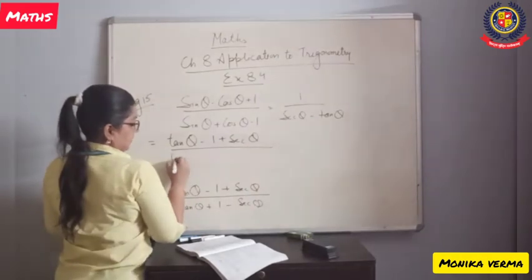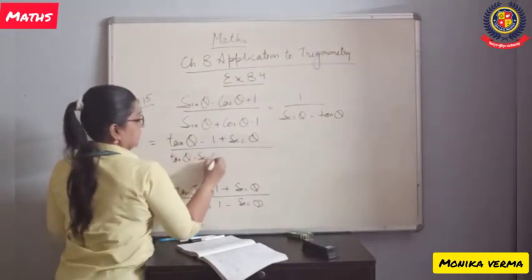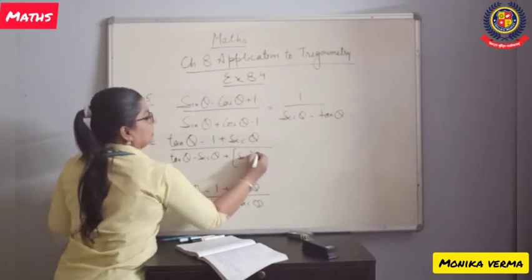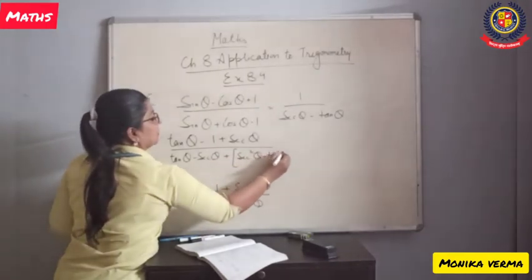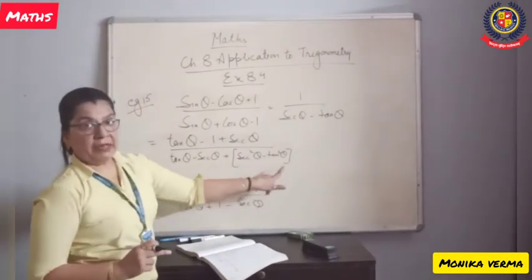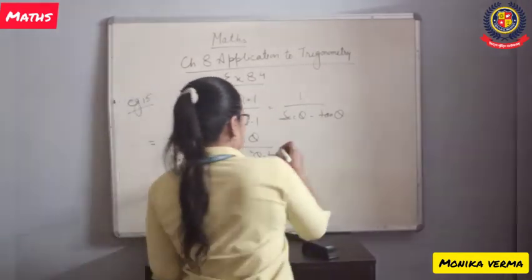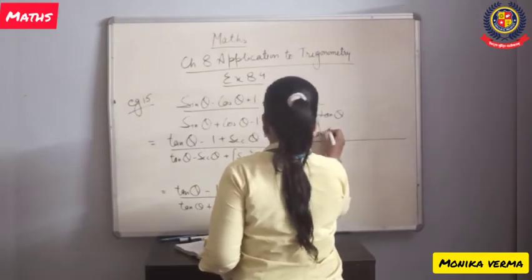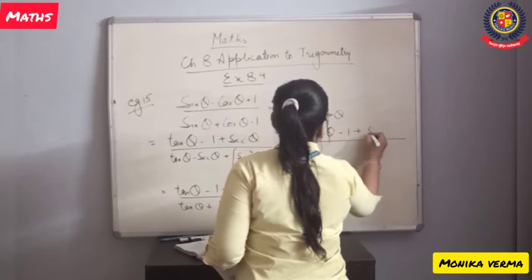I will write tan theta minus sec theta plus sec square theta minus tan square theta. A square minus b square. I will open this. Numerator as it is, tan theta minus 1 plus sec theta.